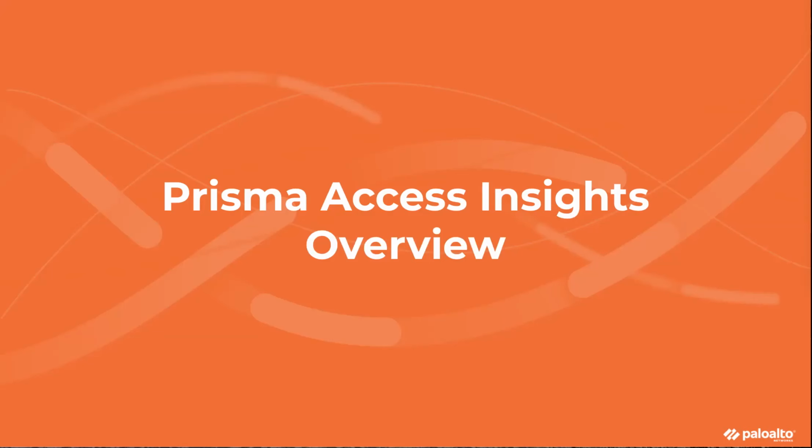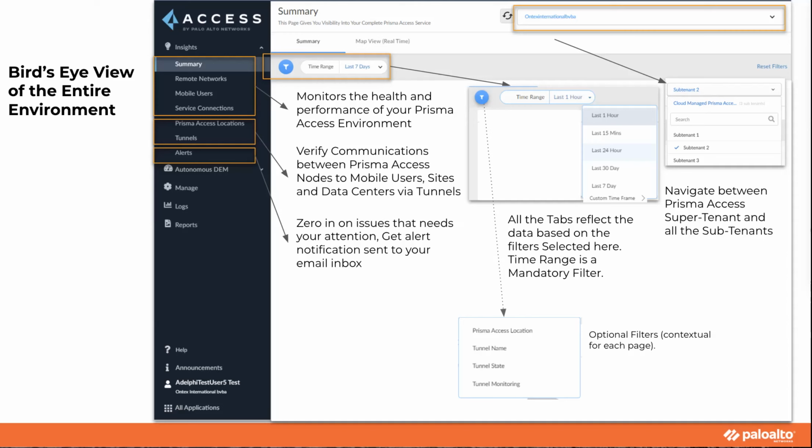Let's have a look at the Prisma Access Insights overview. Before I go into the overview, we have our previous webinars available on our YouTube live community. In the live community, we talk about how to access Prisma Access.